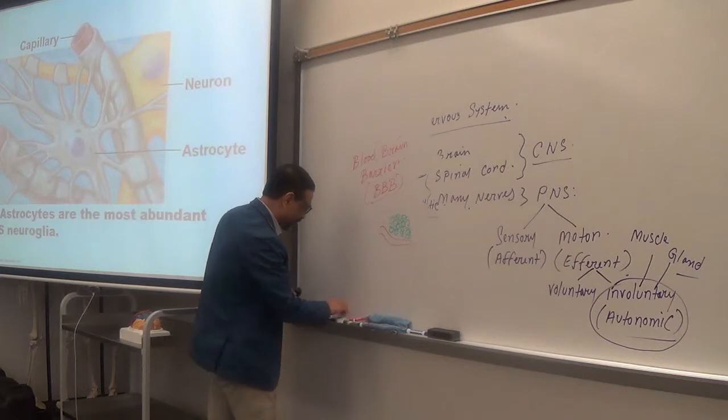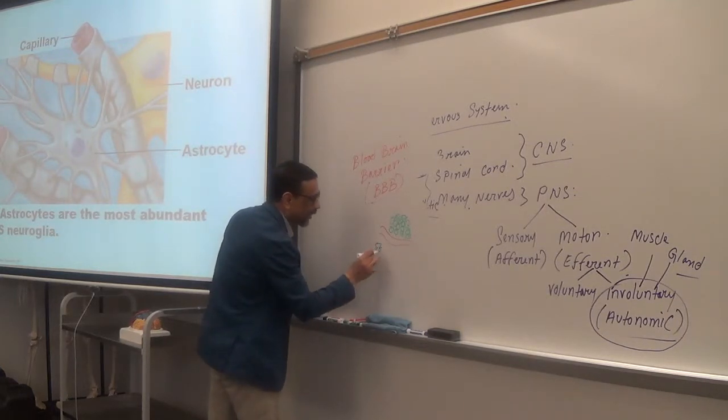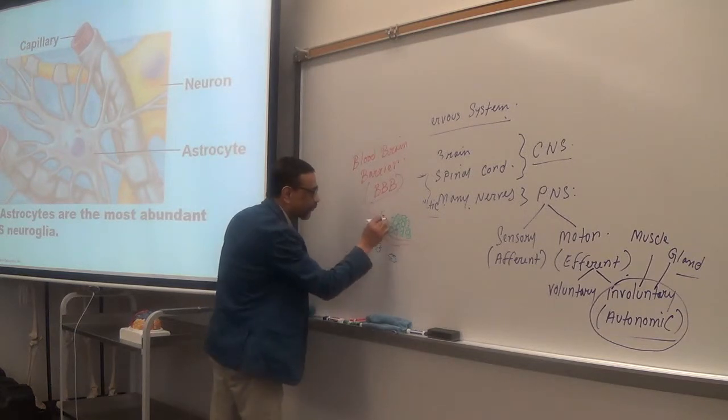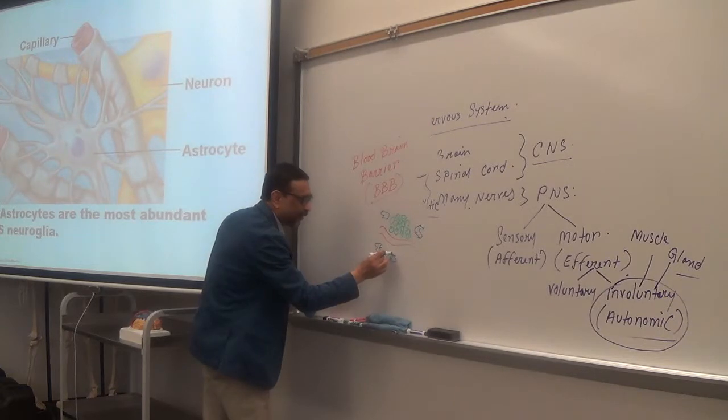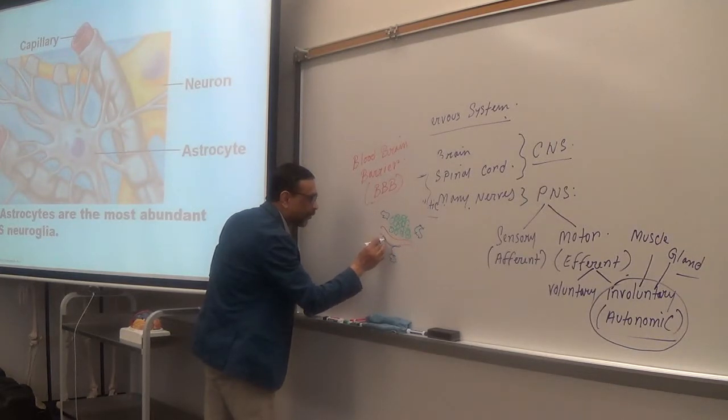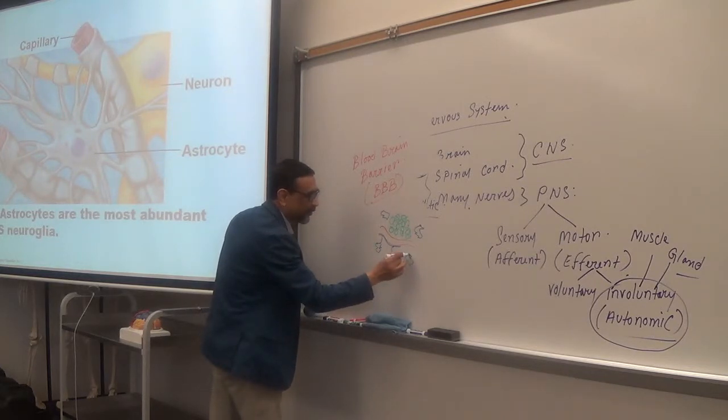astrocytes do what? You see, these are the astrocytes in the neural tissue. They have processes, and those processes go like this. Have foot plate. This is another astrocyte.